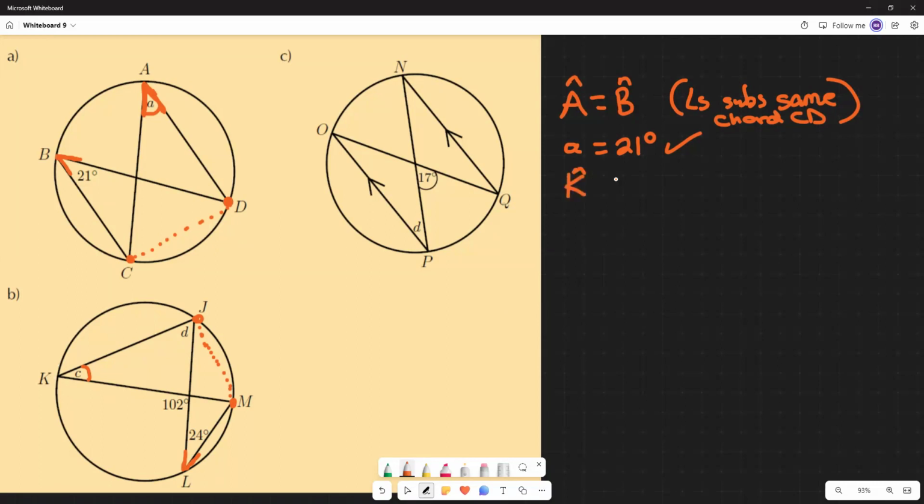Angle K equals angle L. Your reason will be the same as the one above, angle subtended by the same chord JM. So your chord now is JM. Perfect. And then angle K is C, angle L is 24. So which means the value of C is 24.